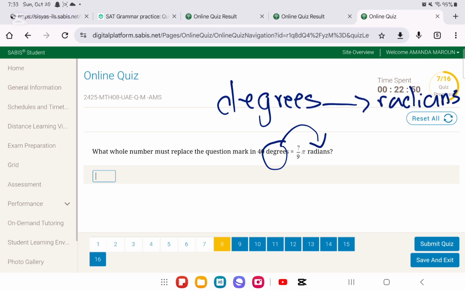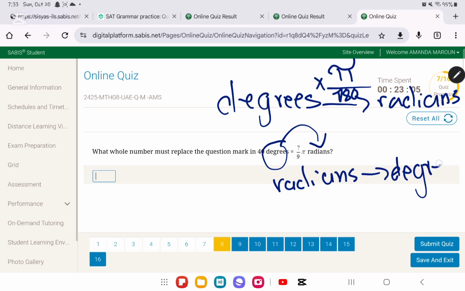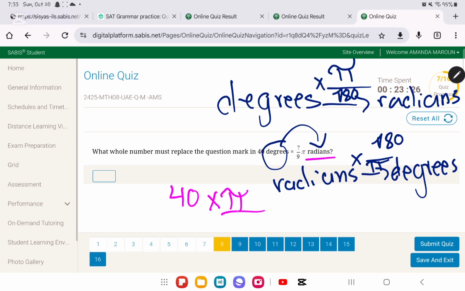So from degrees to radians, we multiply by pi over 180. We have 40 degrees, and we need to change it into radians, so we do 40 times pi over 180.